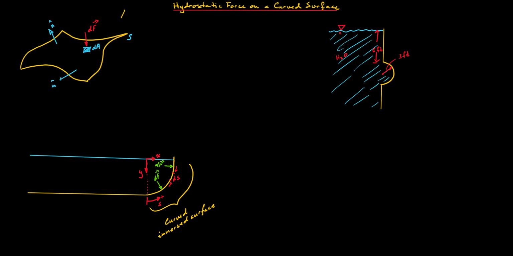So here what we have is an arbitrary surface S. We define here n, the surface unit normal, which always points outwards from the surface.